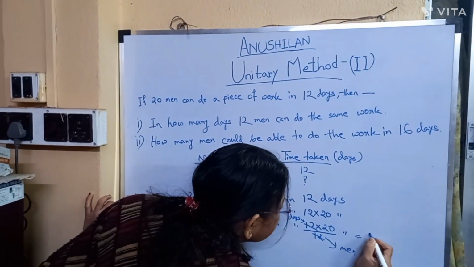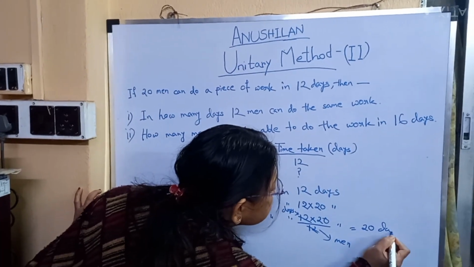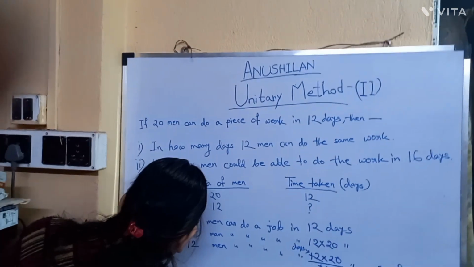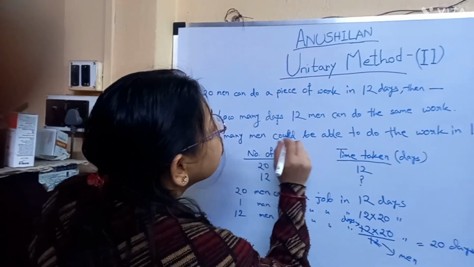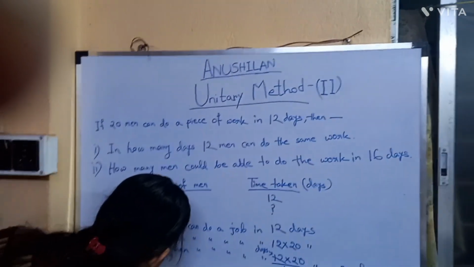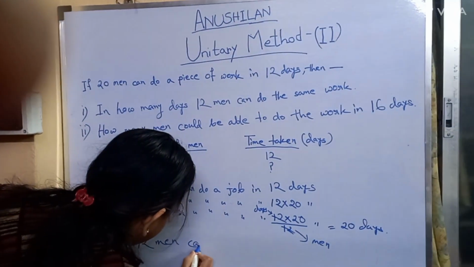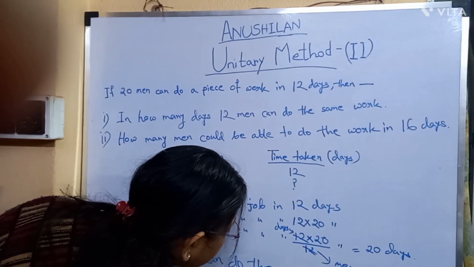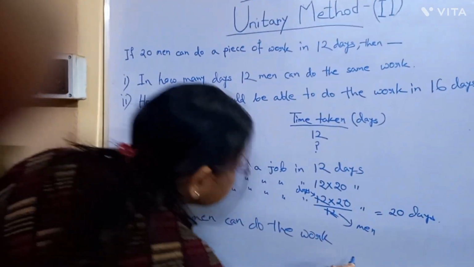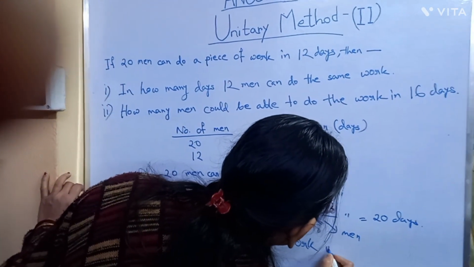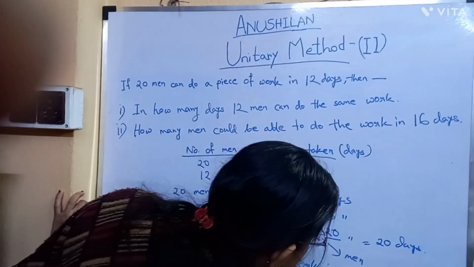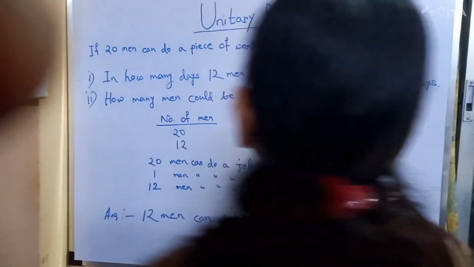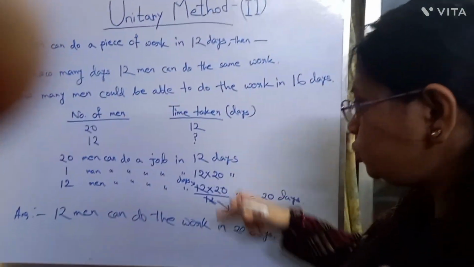So the answer is 20 days. Write down the answer: 12 men can do the work or job in 20 days. Okay, write down the whole sum.